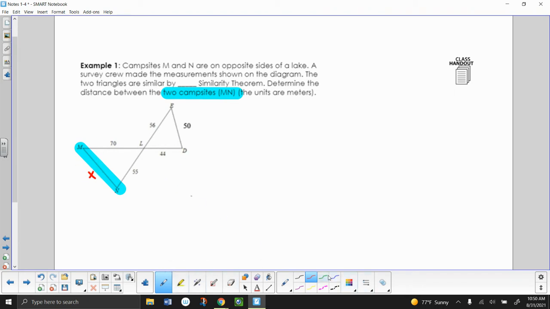Well, looking at the given information, I have three sides of this triangle, but I only have two sides of this triangle, which means we can't use side, side, side. So we're probably going to be able to recognize that we have a vertical angle here. So I'm just going to say that angle L is congruent to angle L, and the reason is that they're vertical.